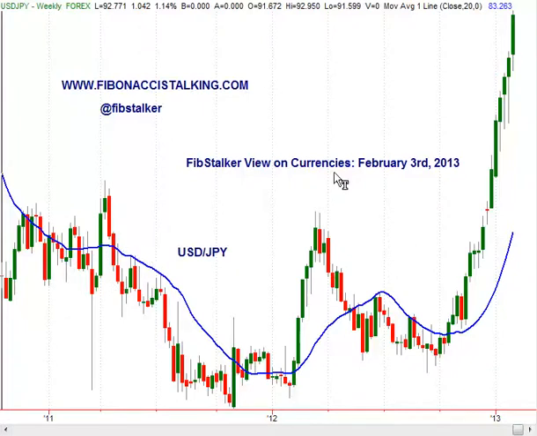What you see on the screen is the weekly chart of this pair, and this pair has been on a rip in the last few weeks, as you can see here.